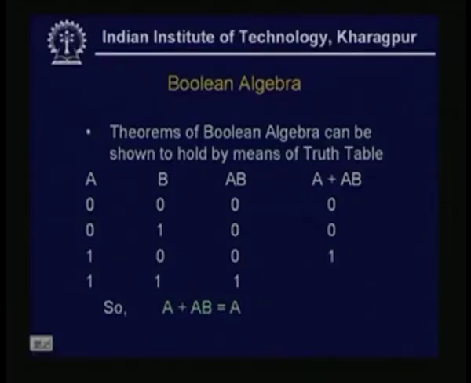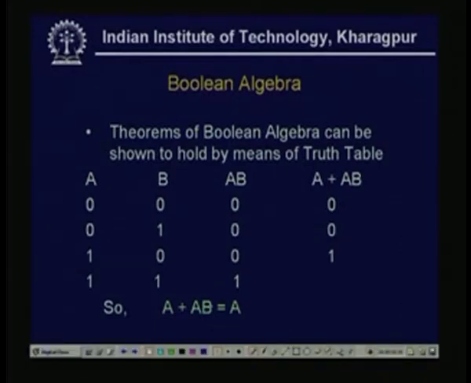Similarly, if I take theorem 6, a plus a b equal to a. If I draw the truth table, there are 2 variables and any one can take 0 or 1, so it will be 2 to the power 2, meaning there will be 4 combinations.